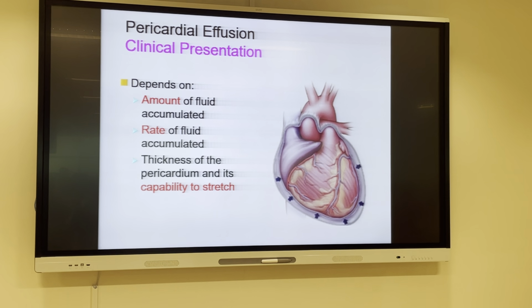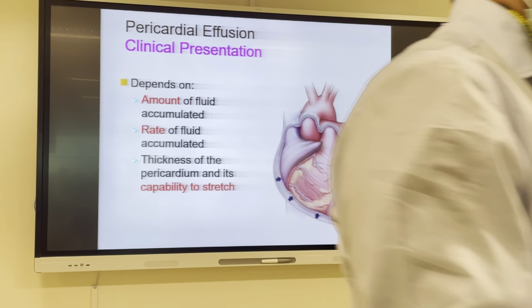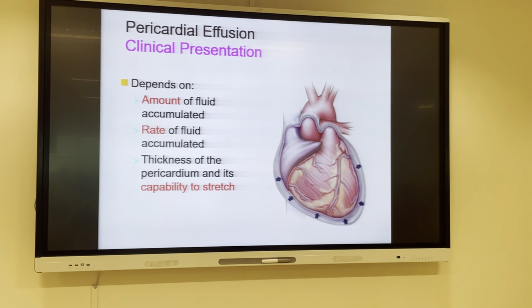Maybe you never have it. If you do a PCI, and during your PCI you puncture one of the coronary vessels, dissect it, and then blood goes to the pericardium, 50 cc's is enough to cause tamponade. Two very different things.